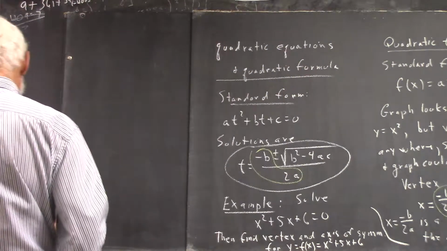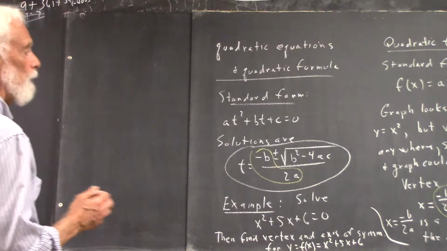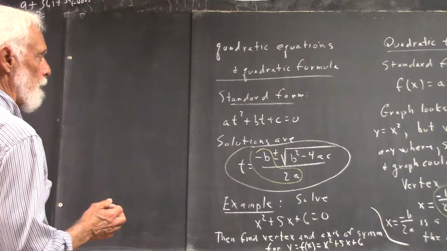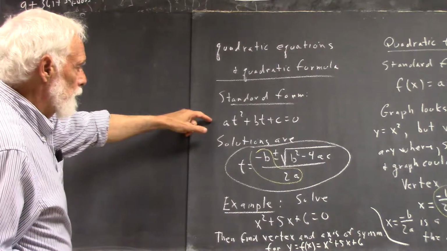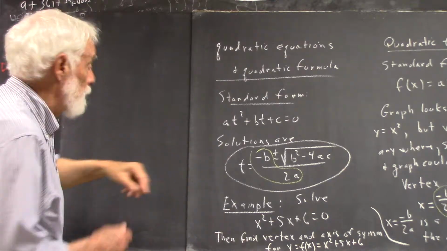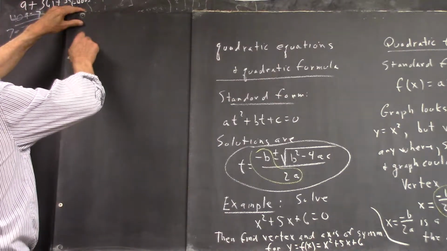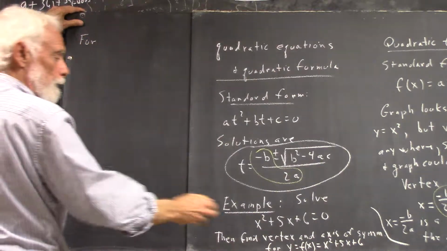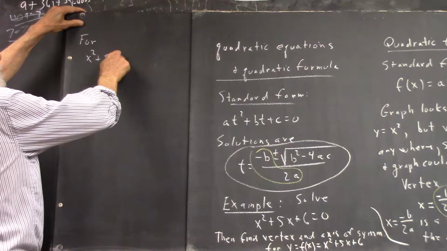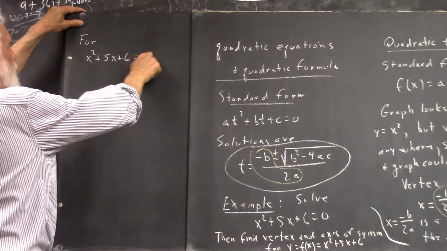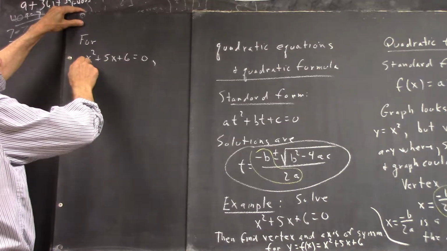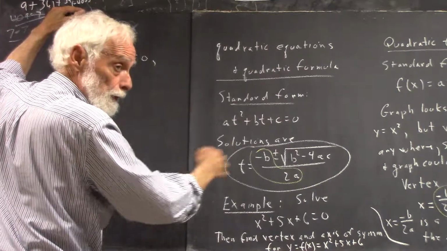So, in the first place, for this function, these are where your zeros are. So, for the function I gave you, a is the number in front of x squared.